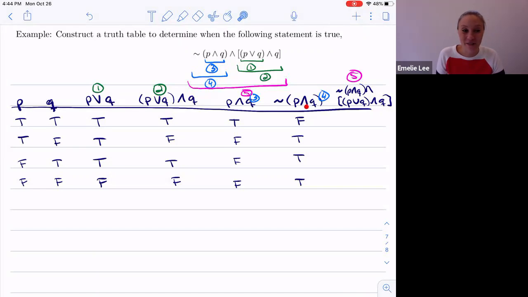All right, so I'm looking at this column, the second column and the fourth column. Now I'm just looking at the second column, the fourth.